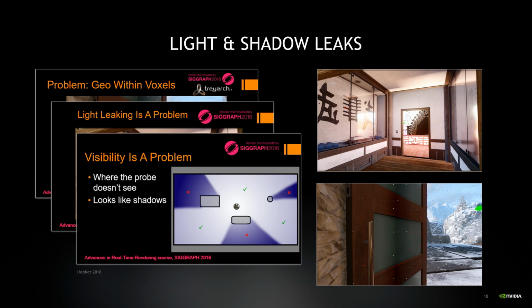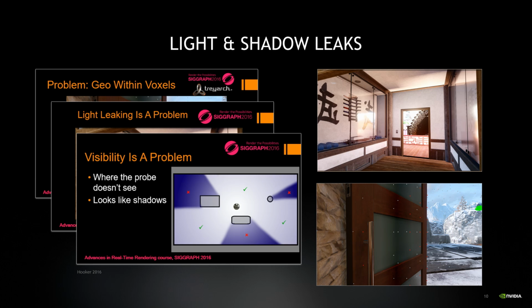This often leads to artists manually moving probes to some good location and manually placing blocker geometry to separate inside and outside. That's a big workflow cost, and it doesn't solve the GI problem if you want dynamic lighting with moving characters. A character might be covering a probe no matter where you place the probe.